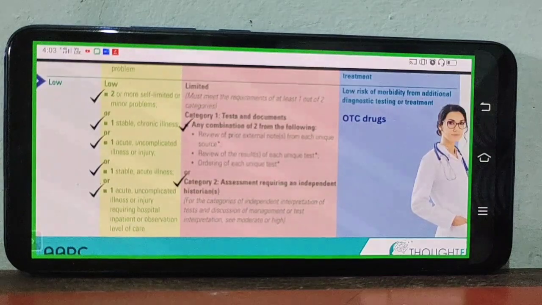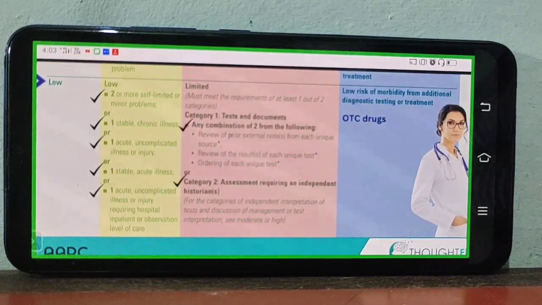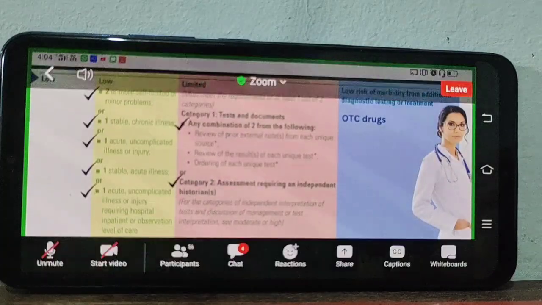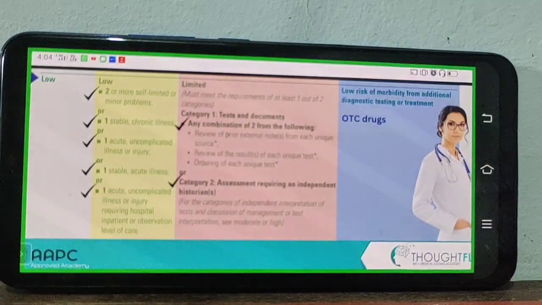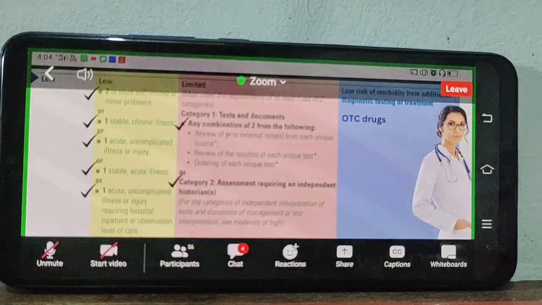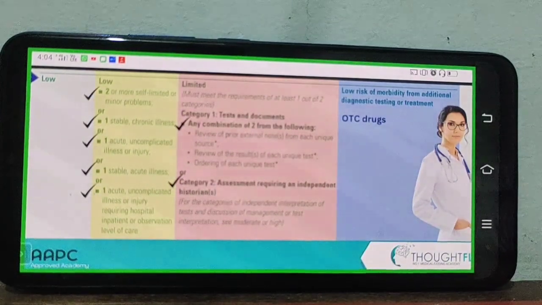For example, point number 1: review of prior external notes, from each unique source. That means if a doctor reviews the patient's prior records, each will get 1 point. For example, the patient meets the doctor for screening or some other reason, and the doctor reviews the patient's previous health report.